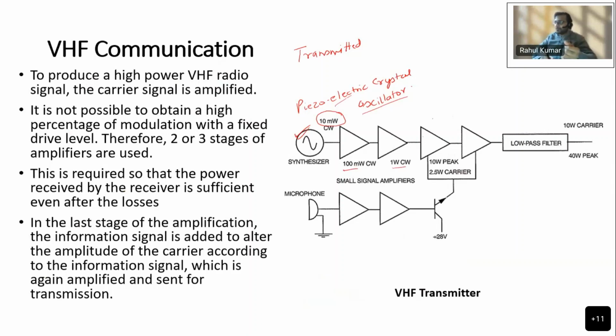So the 10 milliwatt carrier wave, we amplify it to 100 milliwatt at the first stage, and then we increase it to 1 watt, and then after combining it with the message signal, we again amplify it, right? So generally in 2 or 3 stages we amplify our signal.